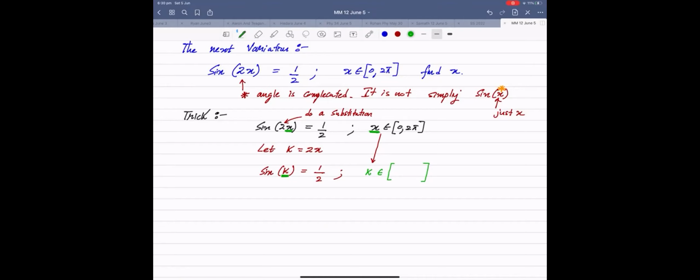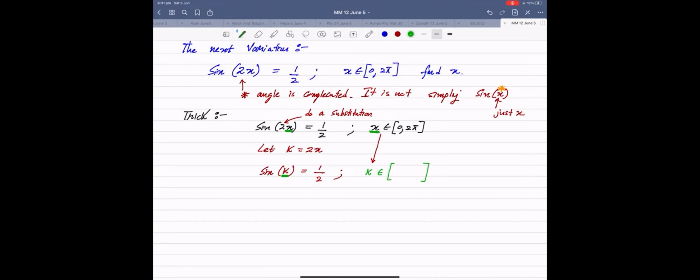Look at the top statement. Sin 2x is equal to half. Domain is for x from 0 to 2 pi. Guys, can you hear me? Okay. Then sin k is equal to half. Why sin k?